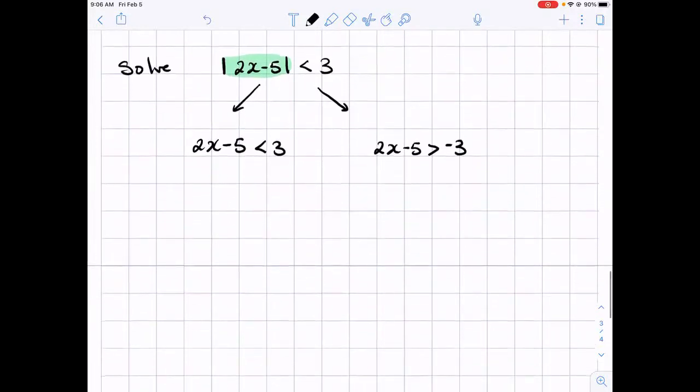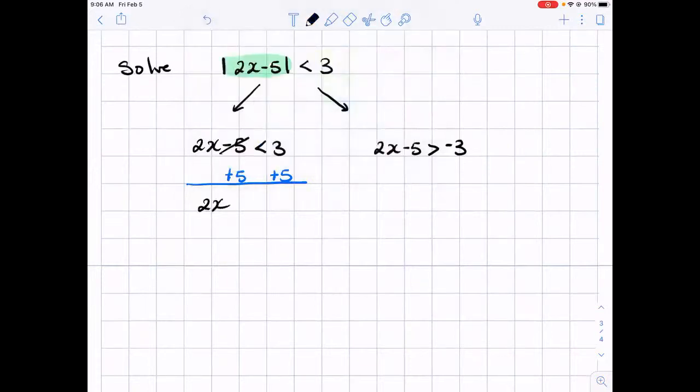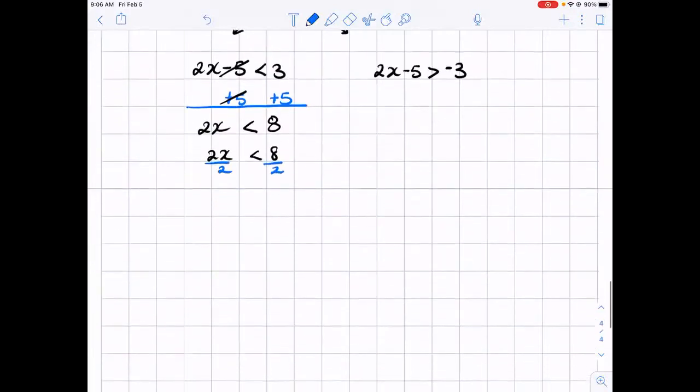And if we solve for x, I will add 5 to both sides. By doing this, we have 2x, the minus 5 and the plus 5 becomes 0, and 5 plus 3 is 8. And then to get x by itself, I will divide both sides by 2, and that would leave me 1x, we don't need to write the 1, less than 8 divided by 2 is 4. So x is less than 4.